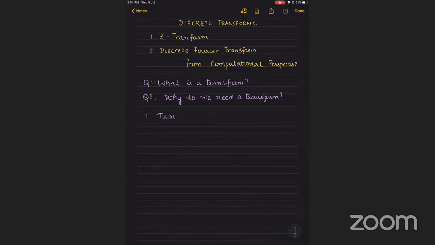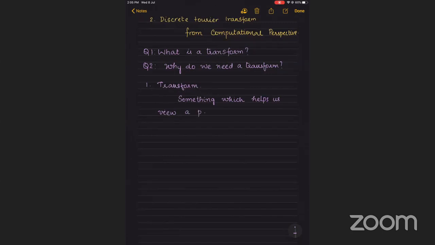See, a transform is basically something which, mathematically, helps us view a particular thing from another perspective.